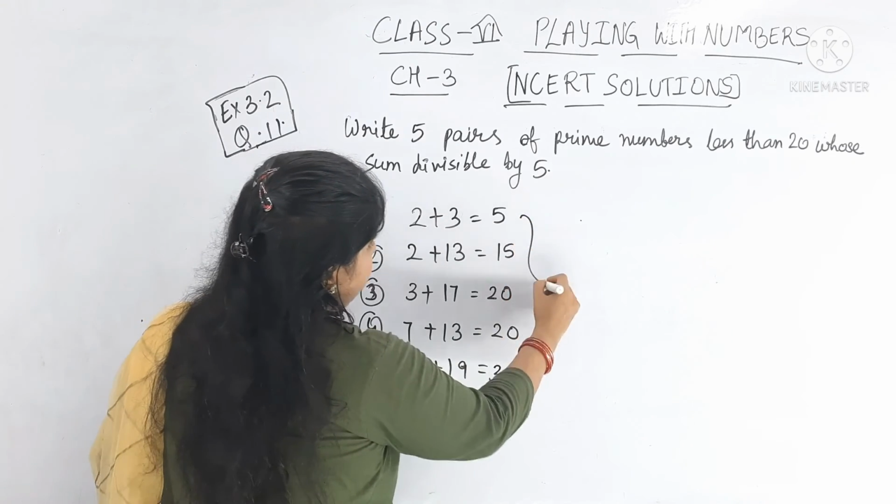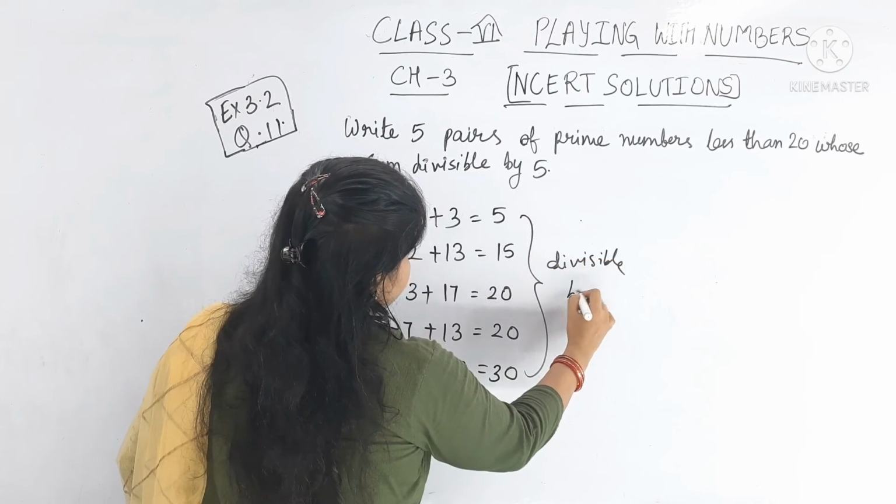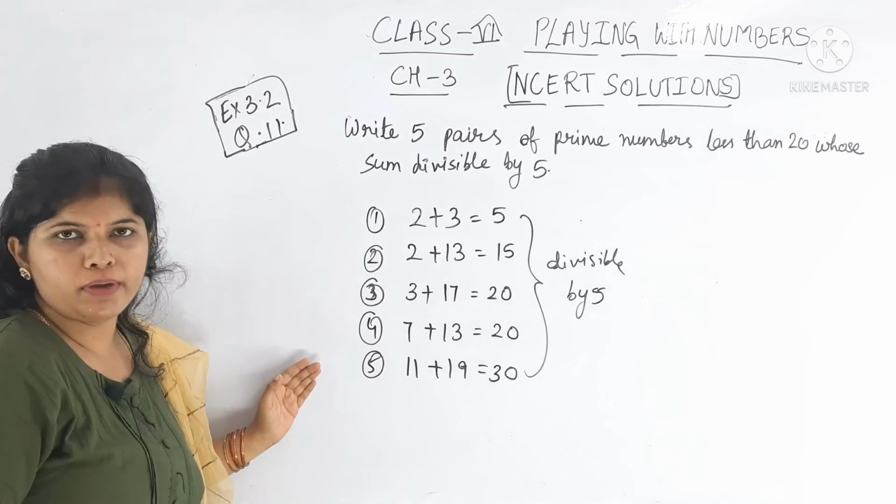So all these sums are divisible by 5. So these are the 5 pairs.